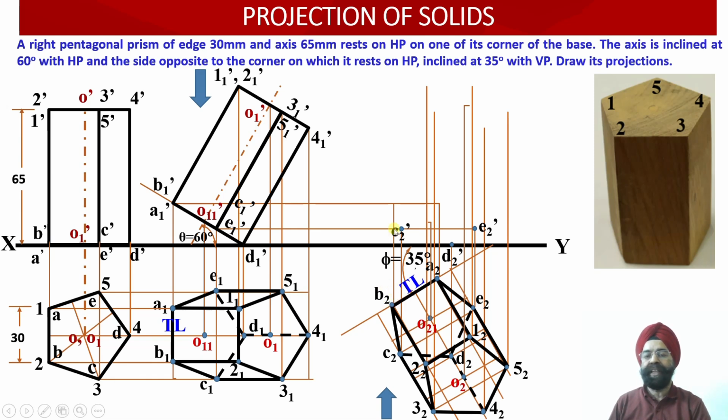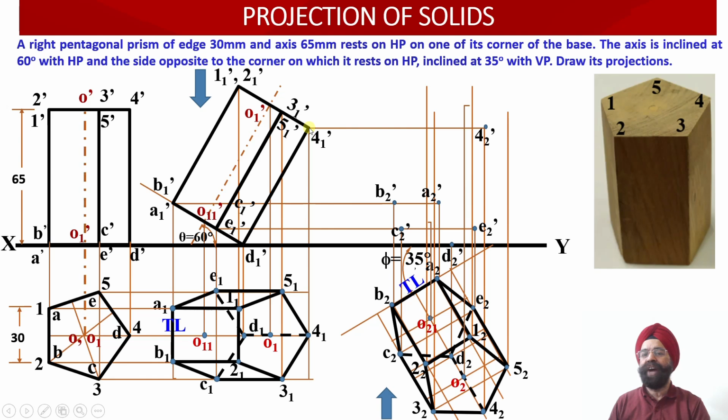We have drawn a vertical projector line through B2, and its intersection with the horizontal line emerging from B1 dash provides us B2 dash. Similarly, this point is A2. From A2 we have drawn a vertical projector line, and where it intersects the horizontal projector line drawn through A1 dash, this point of intersection provides us the location of the point A2 dash. So all the 5 points of the base have been located in the elevation.